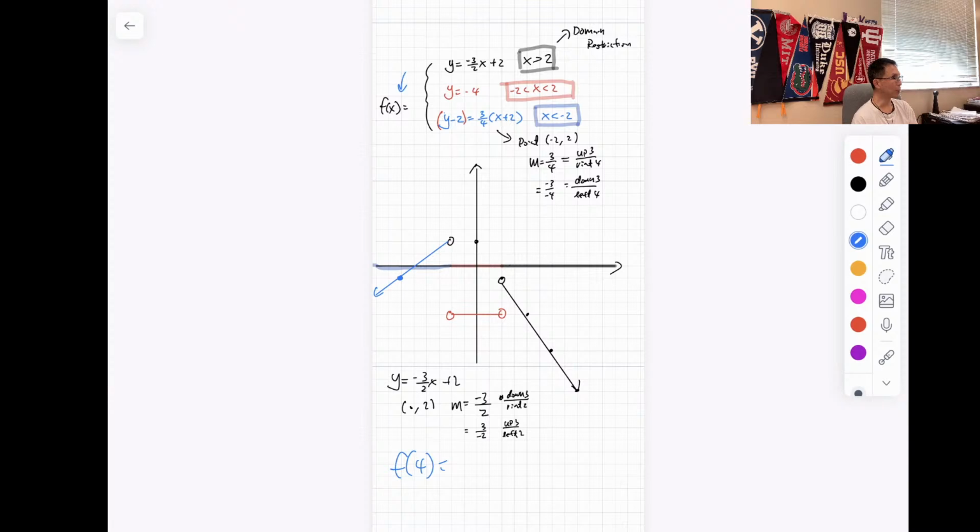There's two ways to do it. One is easier way, but you gotta make sure your graph is right. Can somebody tell me what f of 4 is besides Lyndon? Lyndon's the first one to raise a hand. I assume that he does. And also, I never know how to pronounce your name. What's your name? Ksenia. How about Ashley? What do you think f of 4 is?